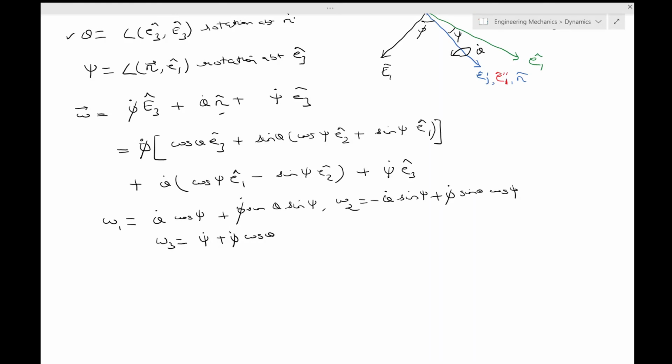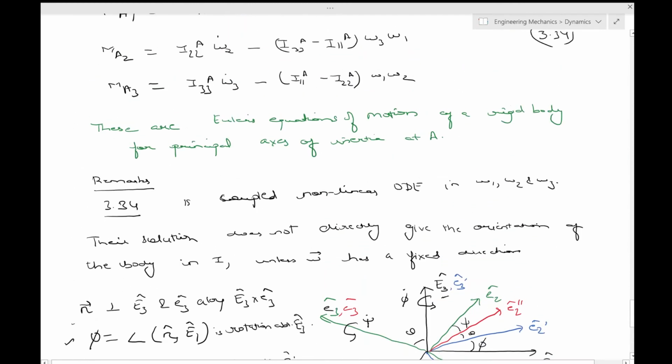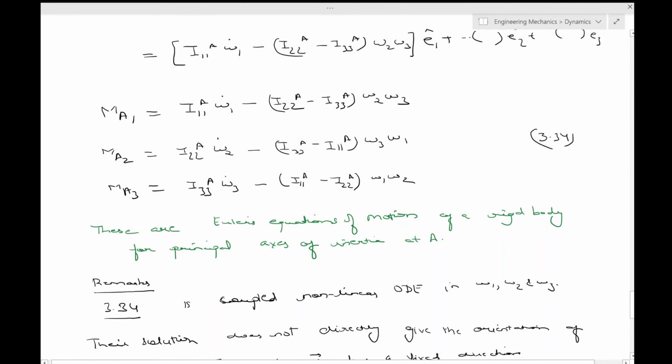okay, now if you take say omega 1 dot after this, you have to apply the chain rule, and you can write this expression. Now the reason we were discussing all this is because you will require omega 1 dot, omega 2 dot and omega 3 dot over here, other than requiring omega 1, omega 2 and omega 3.